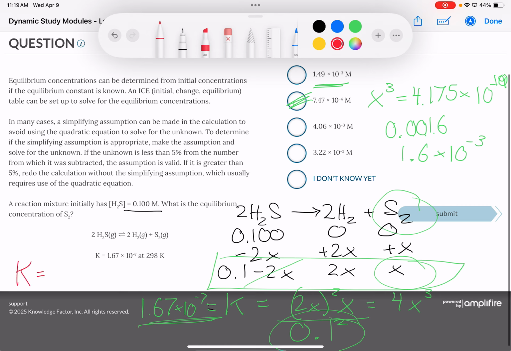Because I think if I had gone through and done H2 squared S2 over H2S squared and then plugged the numbers in, I would be less likely to have forgotten that square there rather than just speeding through it. So that may be a good reason for you guys to do that even on an exam.